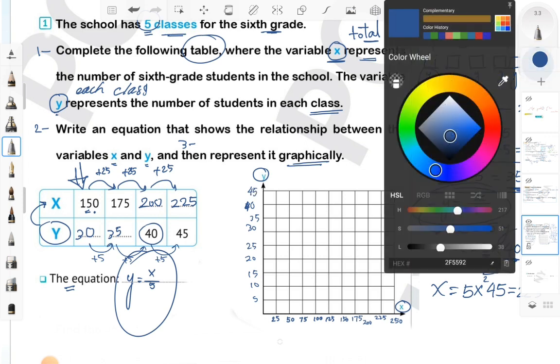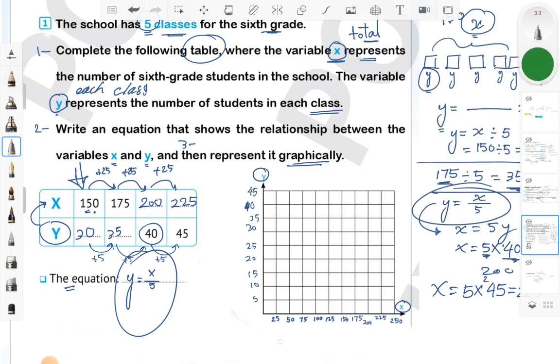Now, let's plot these ordered pairs. First ordered pair I have here: 150 and 30. 150 on the x-axis, and go up to 30.